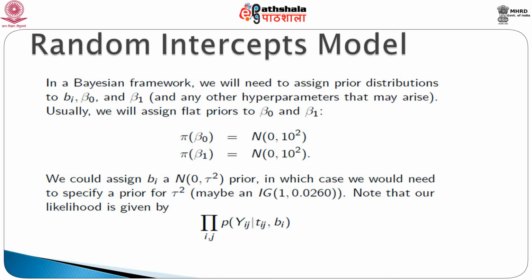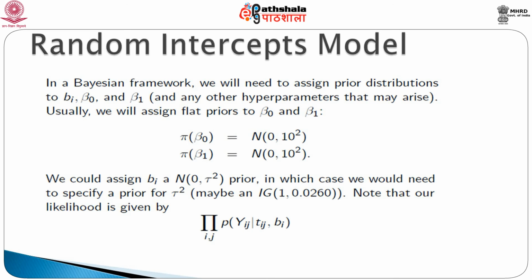Even so, the advantage of assuming normality is that it nicely matches with the likelihood, so that you can easily go for analytic development, or if not possible, then you can go for computational development through Gibbs sampling and other computational techniques.